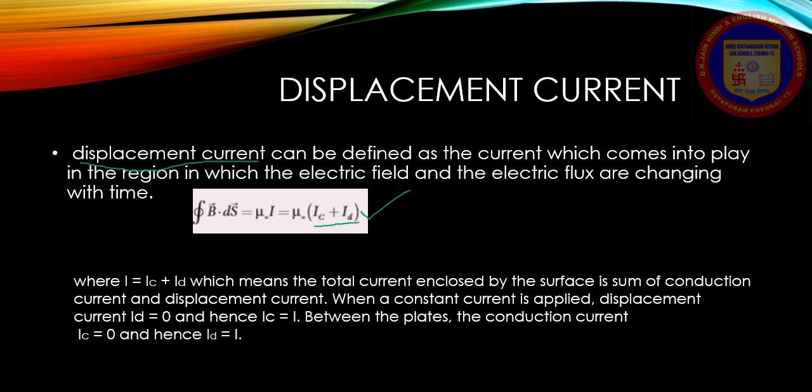This IC plus ID we take as I, which means the total current enclosed by the surface is the sum of the conduction current and displacement current. When constant current is applied, displacement current ID is equal to 0 and hence IC is equal to I. Between the plates, the conduction current IC is equal to 0 and ID is equal to I.